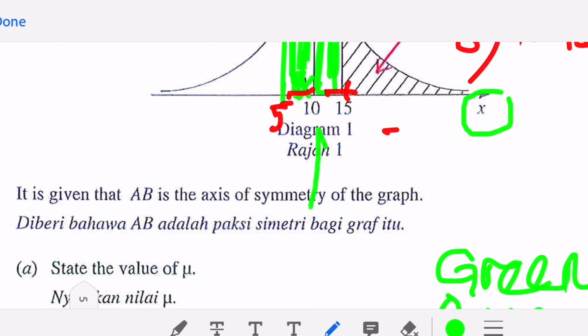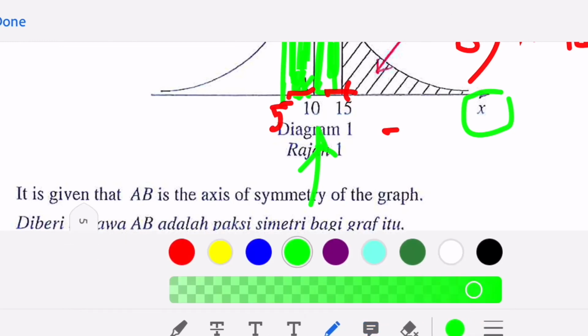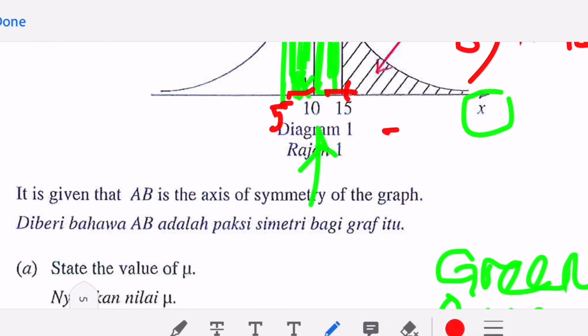Highlight the keywords. The important word here is x. You always look at the axis. If it is x, then you should know that you use the mean at the center. If it is z, then you use the probability distribution table.